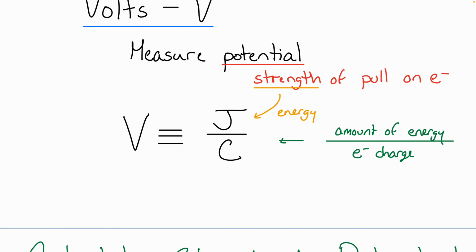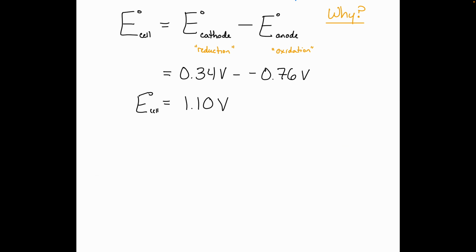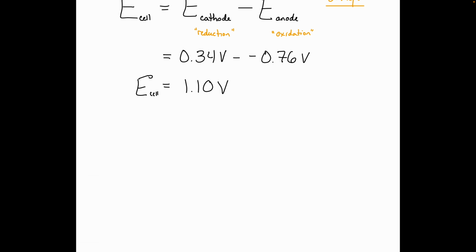Cool. All right, so we got some terminology here. When E naught of our cell is greater than 0, we say that that is a spontaneous battery.